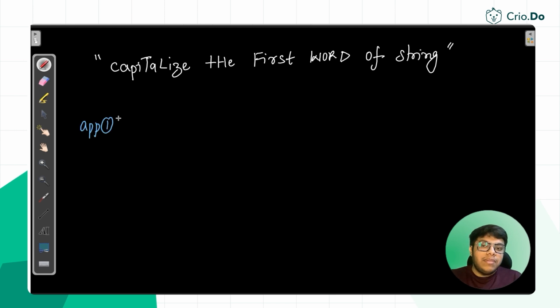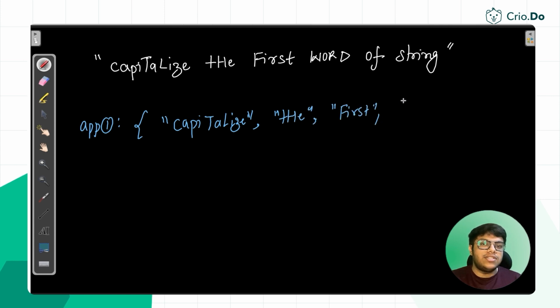The first approach can be, if we are able to split the string based on spaces, then on that split string we can apply some strategy. That is, I convert this original string into an array of strings where the first element will be "capitalize", the next string will be "the", then "first", then "word", then "of", and similarly "string".